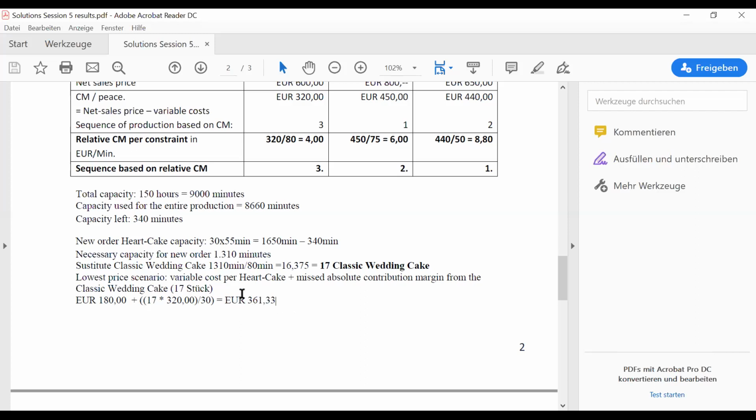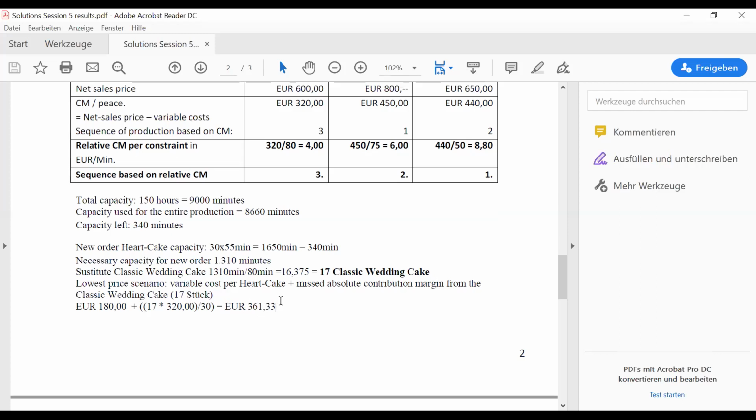So we charge a minimum per cake of $361.33.